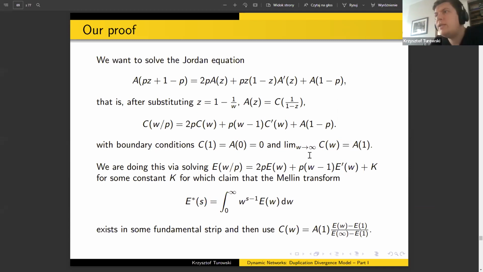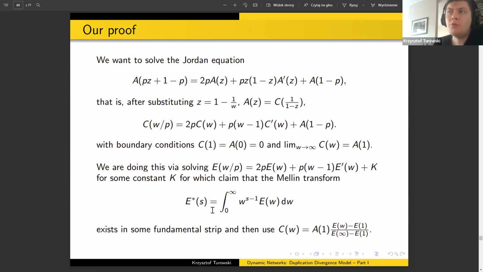Okay, so we did the trick. Let's assume that we have the same function, only it is expressed in e, and it has a different constant here, right? Because this is a constant, so we can put any constant here, and thus we have this function. And let us assume that it has such boundary conditions that the Mellin transform exists.